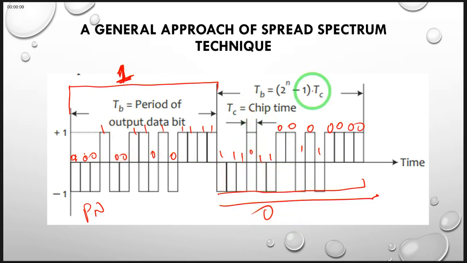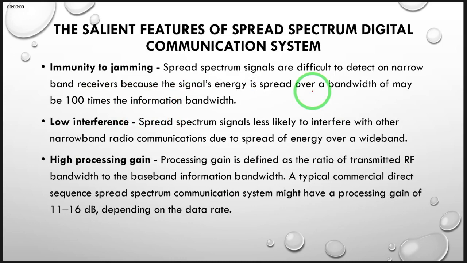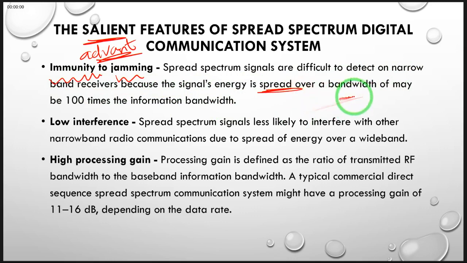So we'll see now some salient features of spread spectrum digital communication systems, which can be seen as the advantages that spread spectrum offers in comparison to normal narrowband communication. Number one is that it offers immunity to jamming. Spread spectrum signals are difficult to detect on narrowband receivers because the signal's energy is spread over a bandwidth of 100 times that of the information bandwidth.